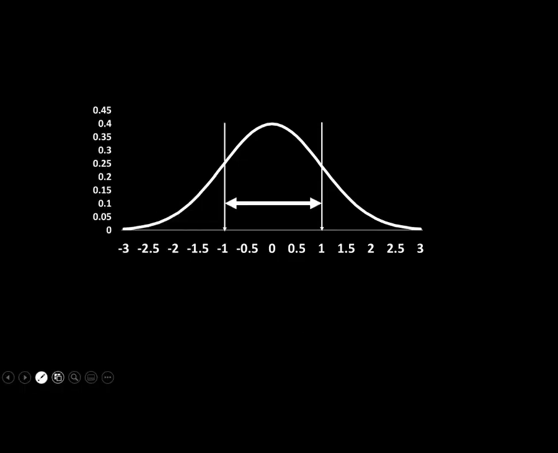Okay, what about the probability of getting a score at least as close to the mean as 1 or closer? Or in other words, getting a score within 1 standard deviation of the mean. So within a standard deviation, that means no further than 1 standard deviation above or below the mean. How could we figure that out?